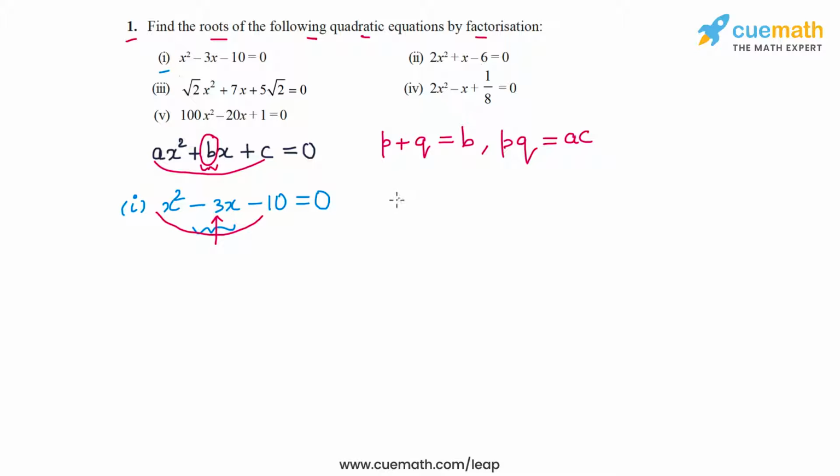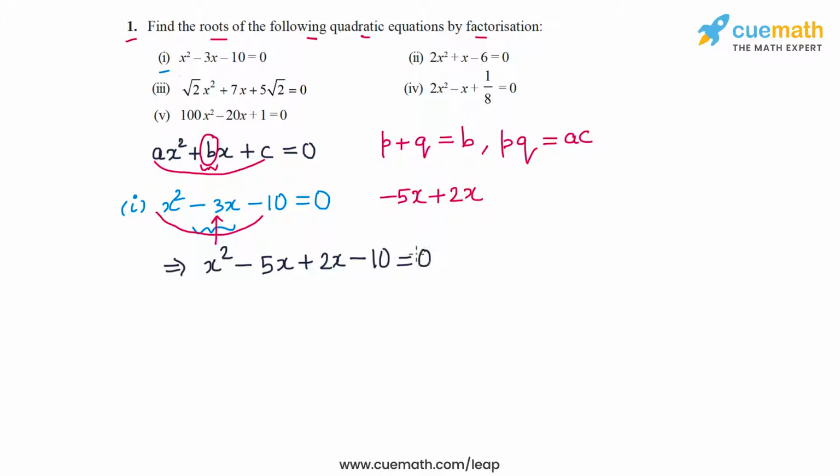The two such numbers whose sum is equal to minus 3 and whose product is equal to minus 10 are minus 5 and 2. So we'll split the middle term minus 3x as minus 5x plus 2x. Let's do that. So we will get x square minus 5x plus 2x minus 10 is equal to 0.